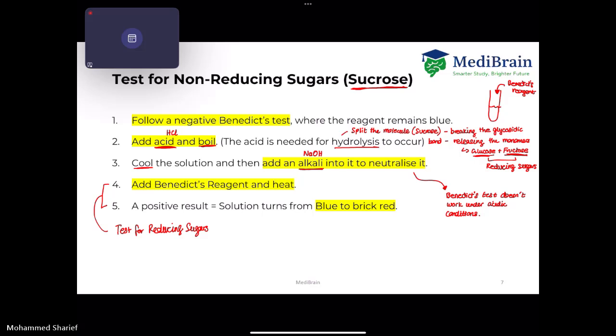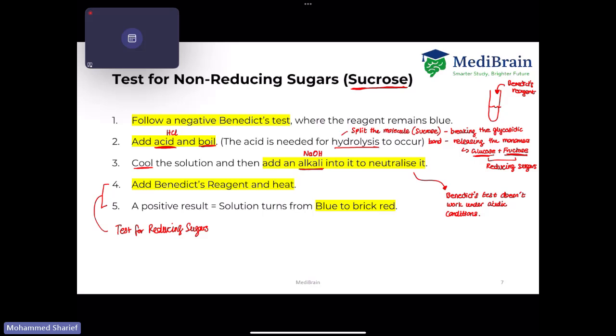Now, because we've added in acid and we've boiled, we need to bring the solution back to its normal conditions. So we're going to cool the solution, and because we had added acid, we're now going to add in alkali. The purpose of the alkali is to neutralize it because Benedict's test will not work under acidic conditions.